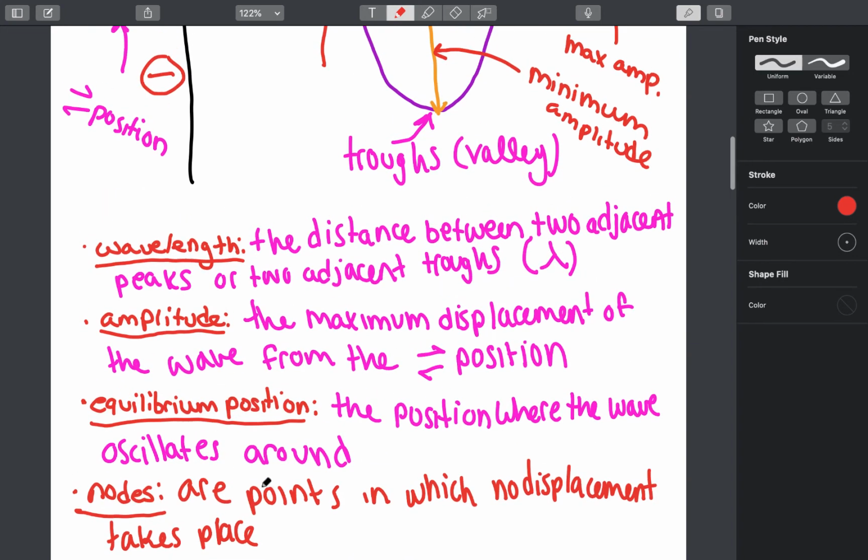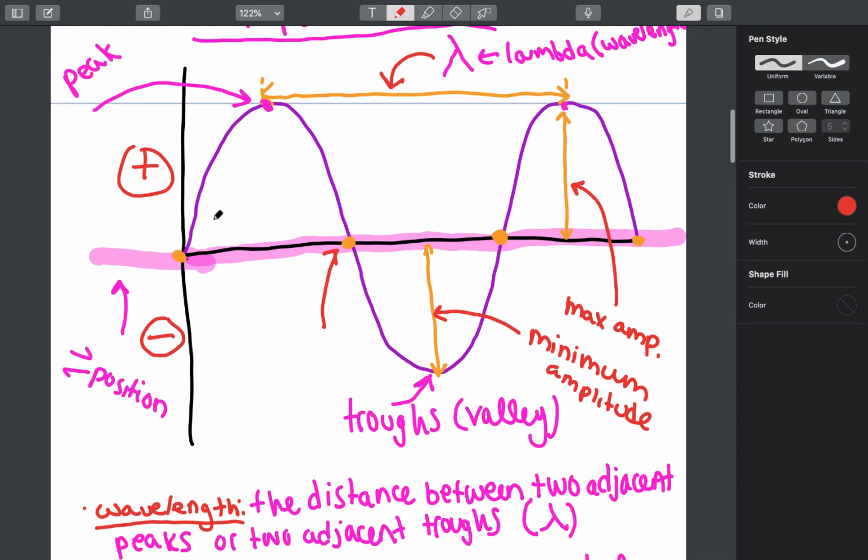So these nodes can often be found where the wave intersects with the equilibrium position. So all these orange dots here, as you can see right here, here, and here, and here are nodes. So that's a node. And anywhere where the wave intersects with the equilibrium position is a node. And those are areas where no displacement takes place.